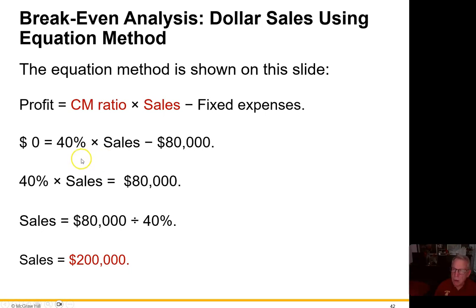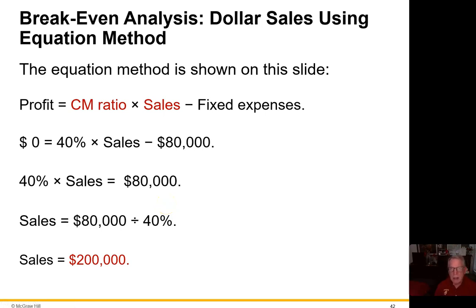So in this case, the contribution margin ratio was 40%. And so if I multiply that through this equation, which they've broken down for us here, I can take sales then will be equal to $80,000, which is our fixed costs, divided by the contribution margin ratio.